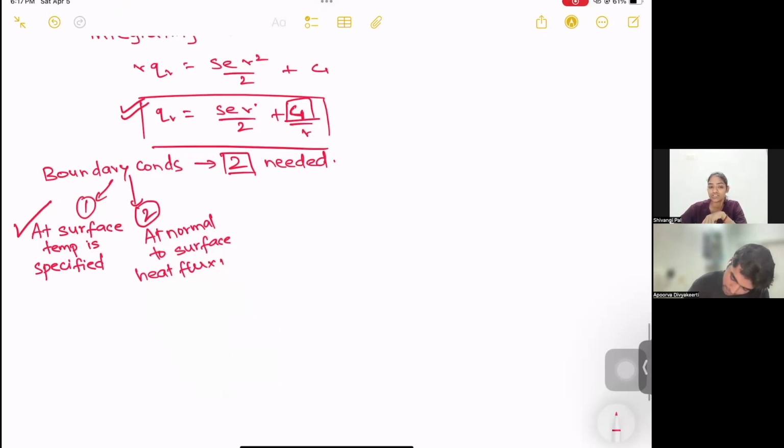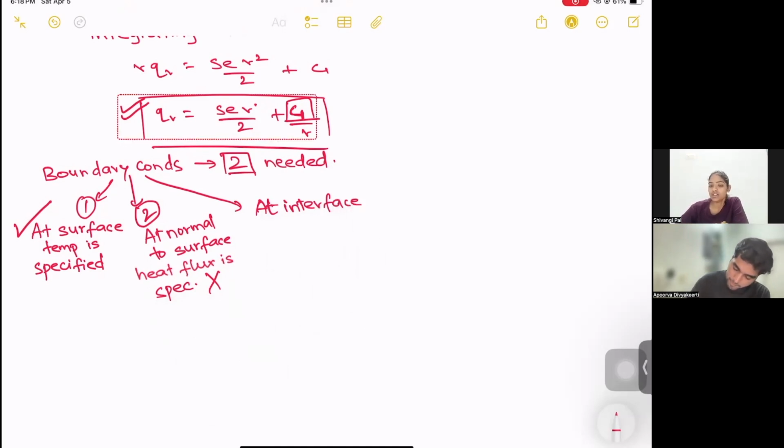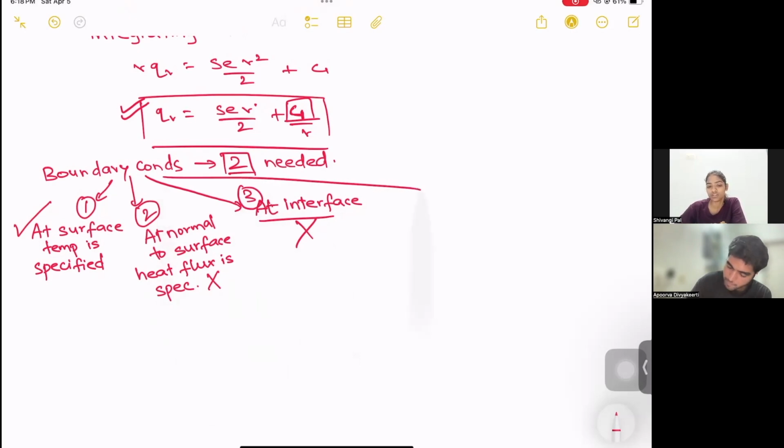Our third boundary condition is at interface, the continuity of temperature and heat flux normal to the interface are required. This boundary condition is not applicable over here. Why? Because we do not have any interface. We just have a solid wire and there is no fluid flowing outside, so there is no interface.